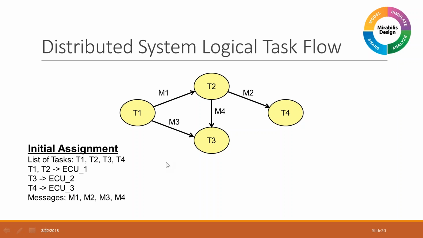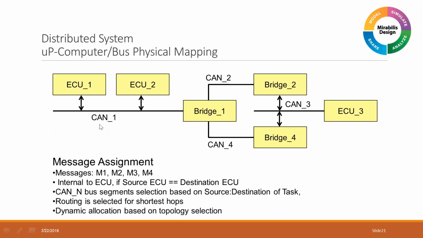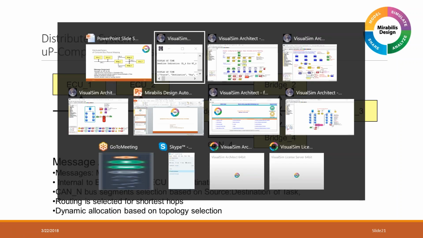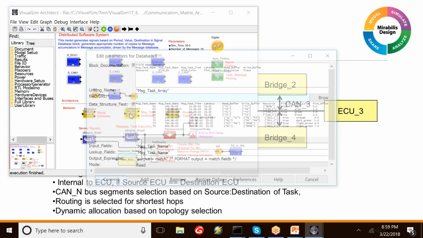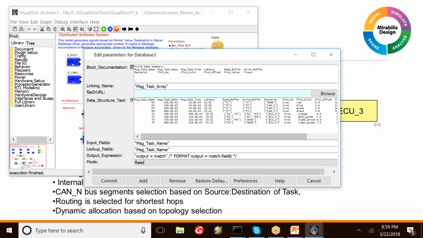Now what we want to do is assemble the network. So this is my CAN network with all my bridges. I have my ECUs, and we already know what our messages and our tasks are assigned to the ECU. So now when I go back to that design we were looking at earlier, it probably becomes a little more clear in terms of what is really happening here.